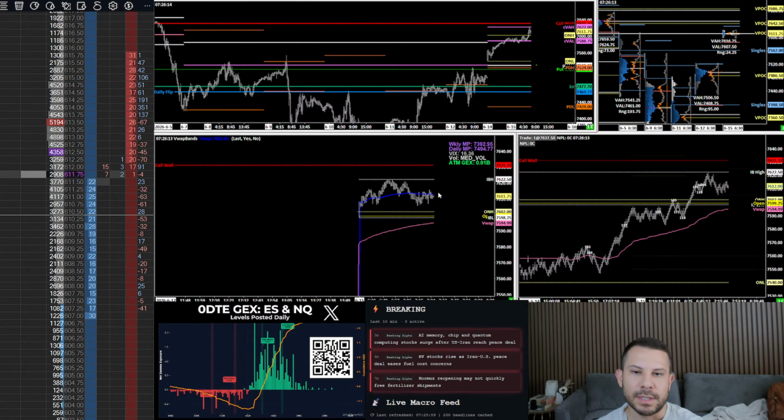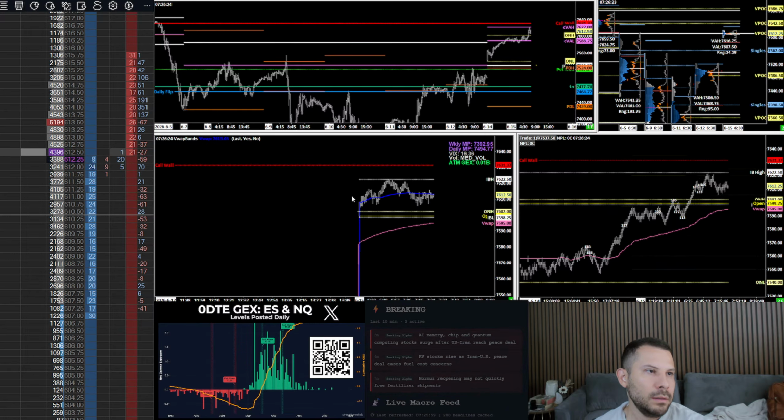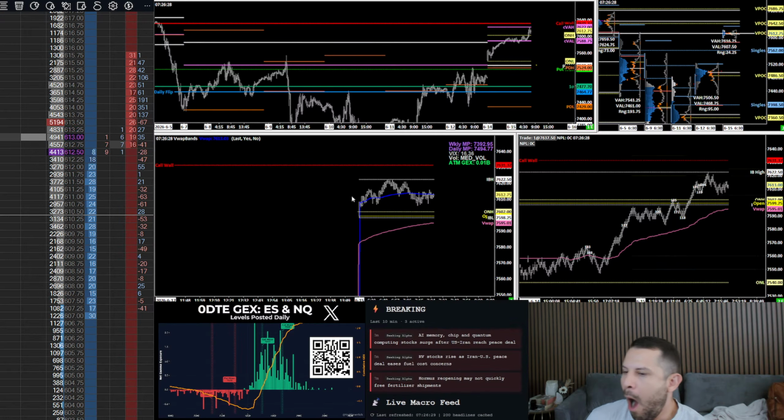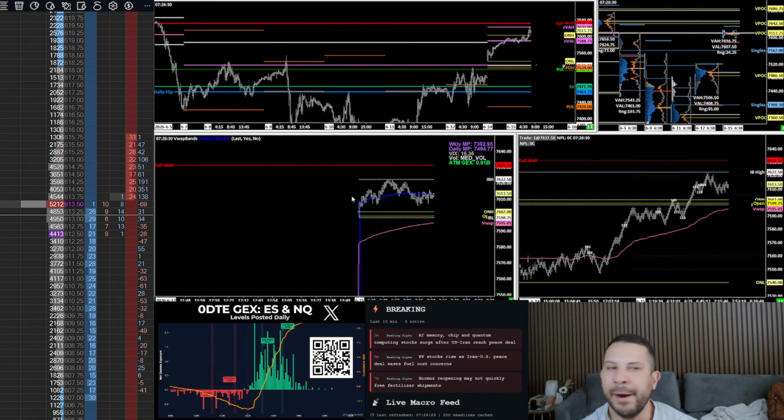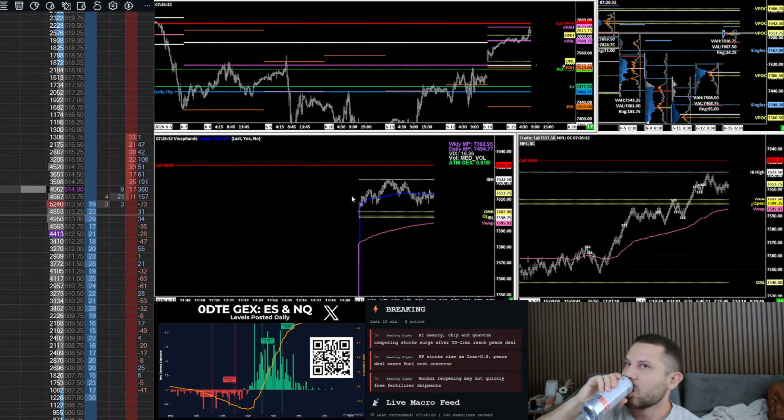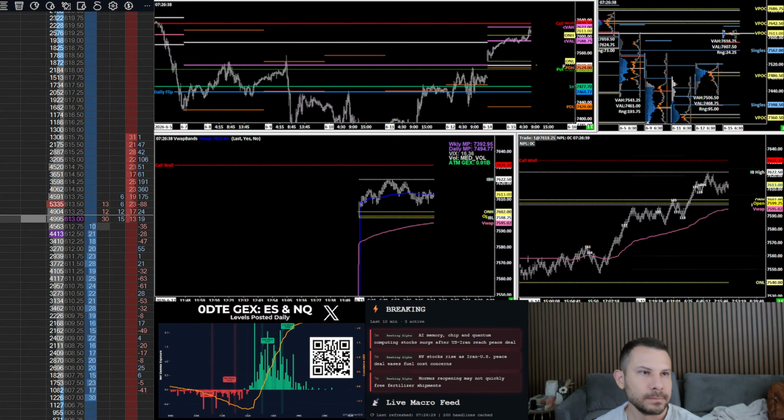What a volume transacting right where VWAP is for the RTH. Almost 7:30.